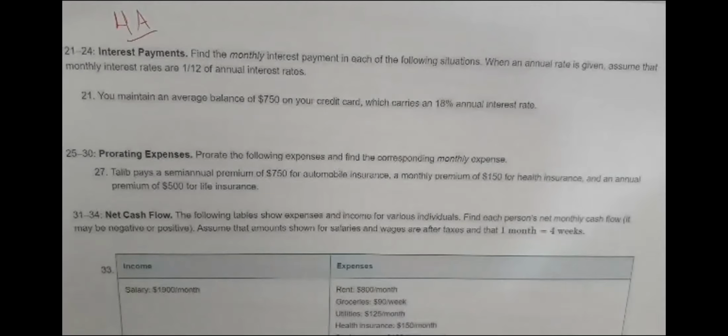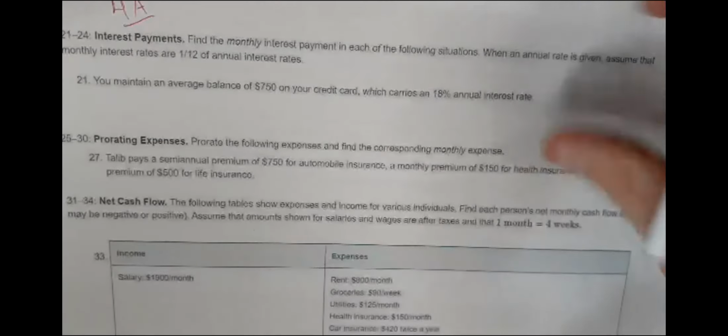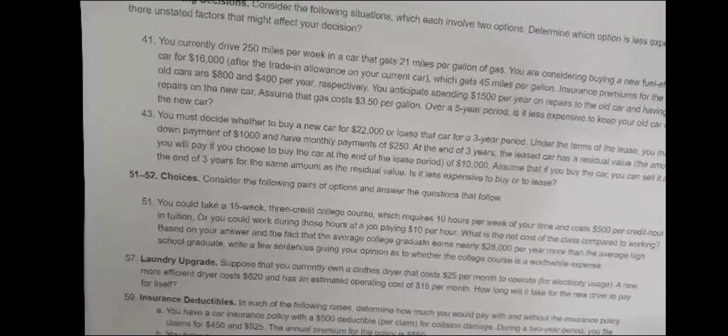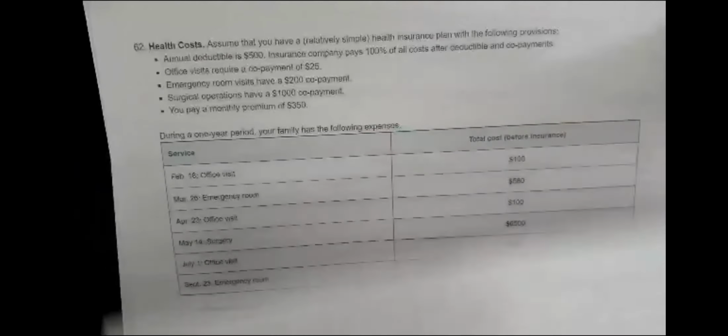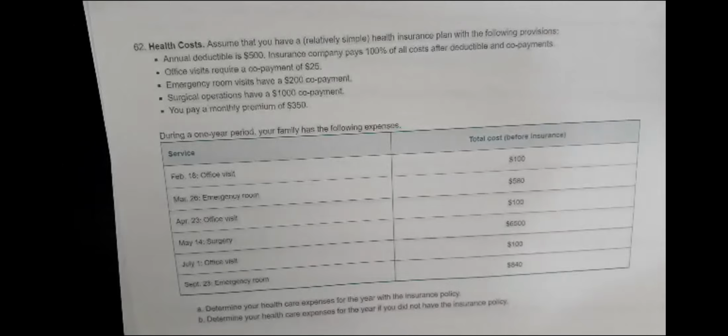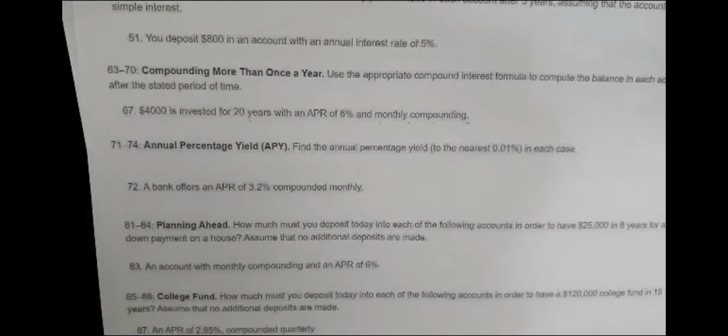If we're looking at interest payments, find the monthly interest payment in each of the following situations. When an annual rate is given, assume that monthly interest rates are 1/12 of annual interest rates. So just a quick recap, 4A was all about personal finances, finding those monthly budgets, and then there's a few health insurance problems.